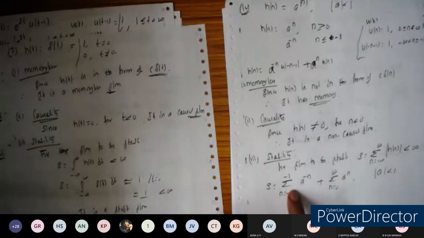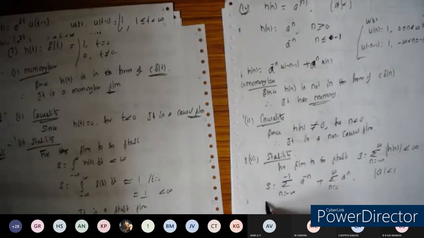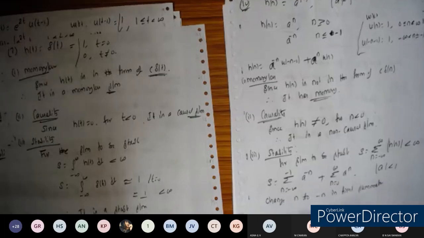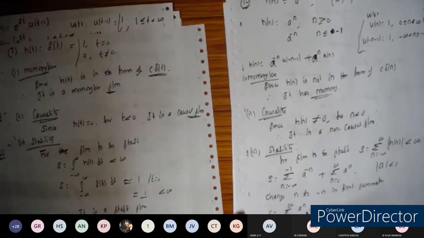Since we don't have any formula which goes from minus 1 to plus n here, what we shall do is change n to minus n in the first summation, so that it becomes summation n equal to 1 to infinity of a to the power of n.